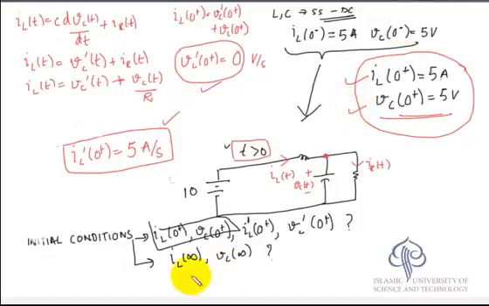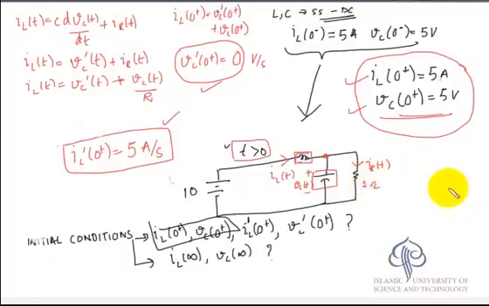Now the next thing is to find iL at infinity and vC at infinity, which is very simple because we know that at infinity the inductor is going to behave like a short circuit and the capacitor like an open circuit. So you just have a source in series with a resistance which is 1 ohm.